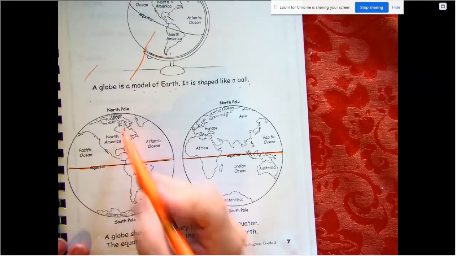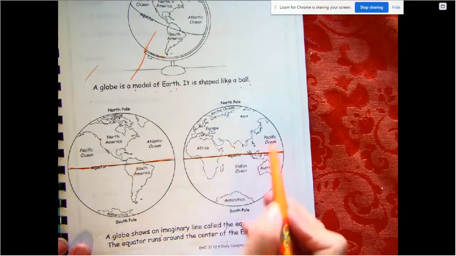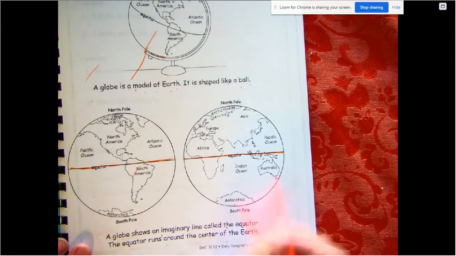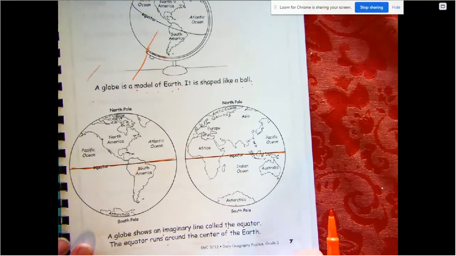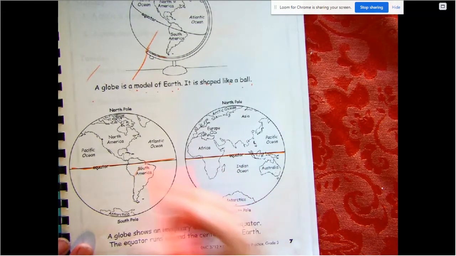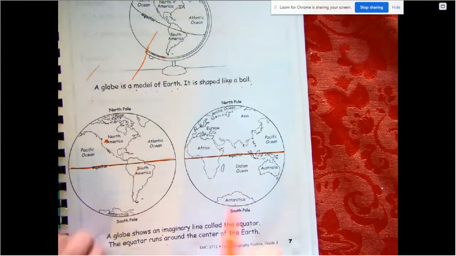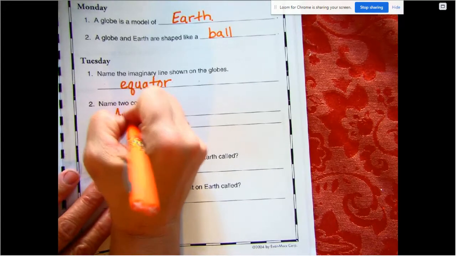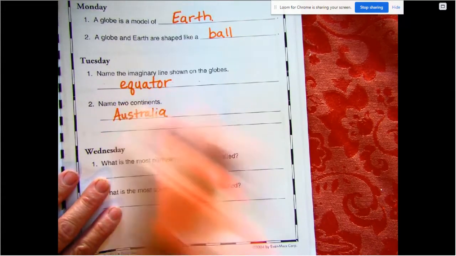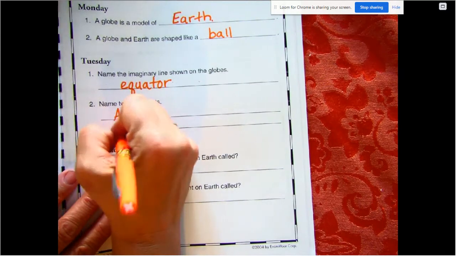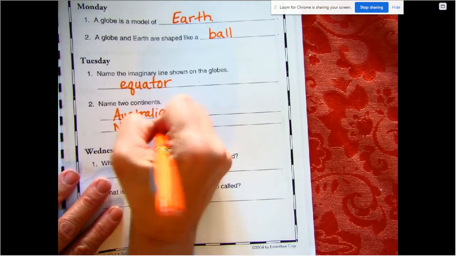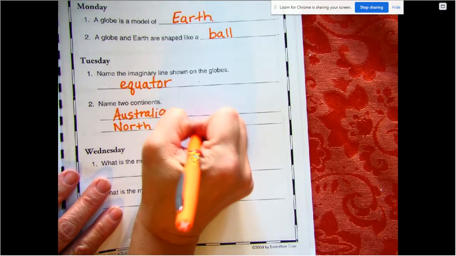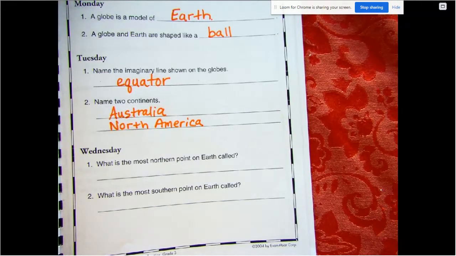So we see continents here: Asia, Africa, Antarctica, Australia. Pacific is the ocean, sorry. So just name 2 of those. And we live over here in North America. So I might write down Australia and North America. Those are the 2 I wanted to write. You can write whichever 2 you want to. You can refer back, just flip the page so you can see.